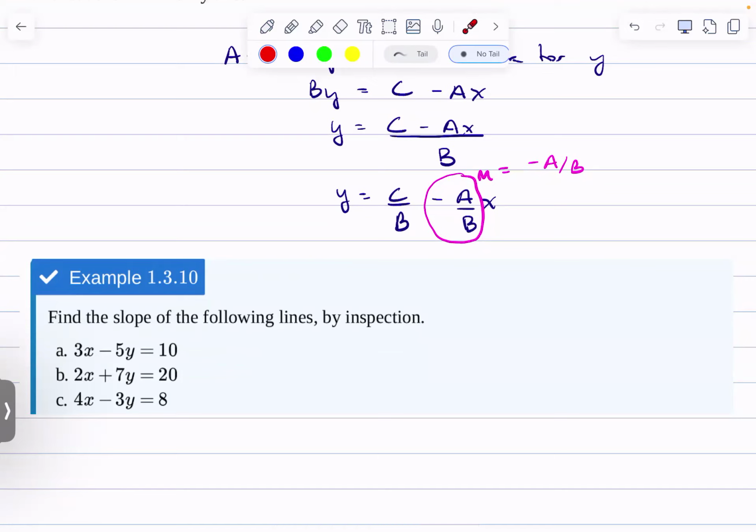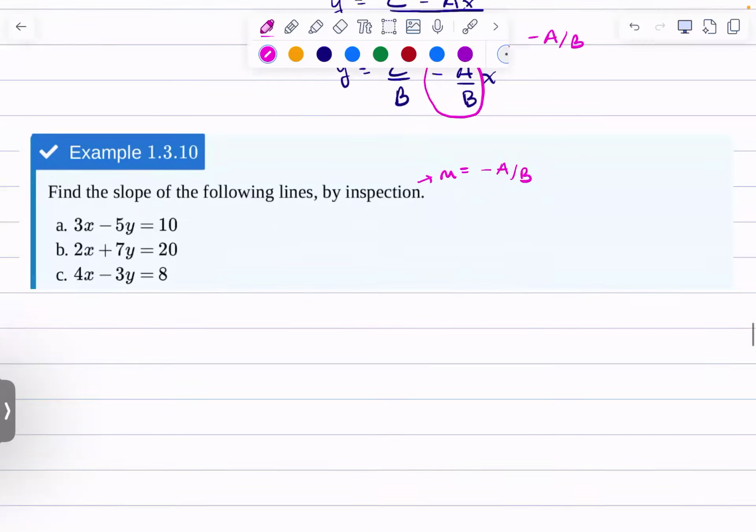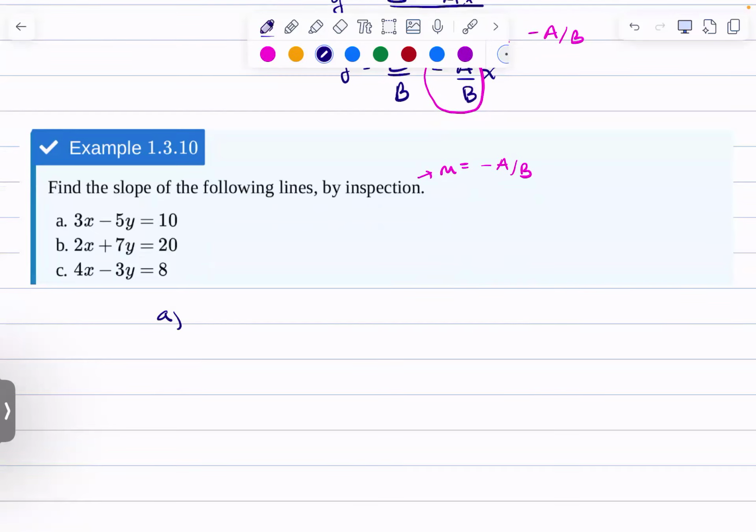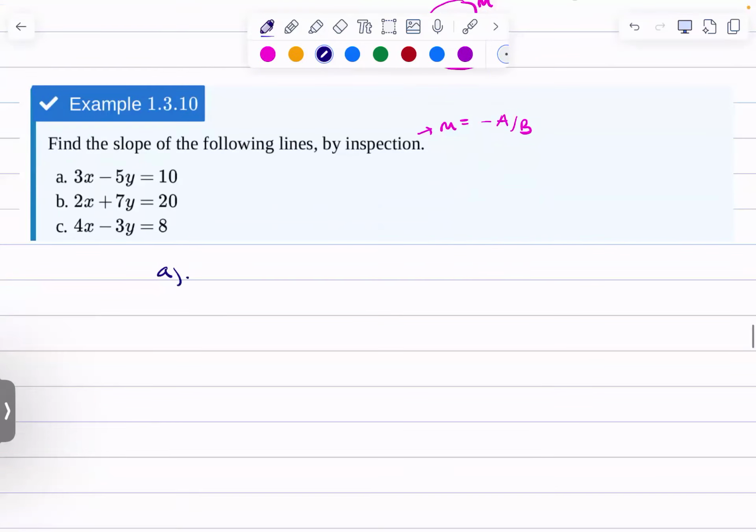So find the slope of the following lines by inspection. We're going to use m is negative a over b. For this first one, I have a slope of negative 3 divided by negative 5.